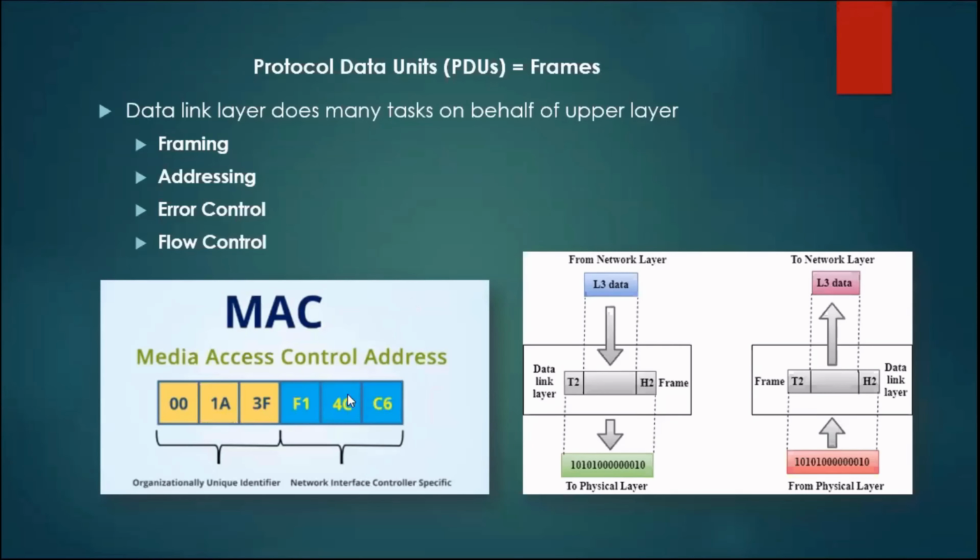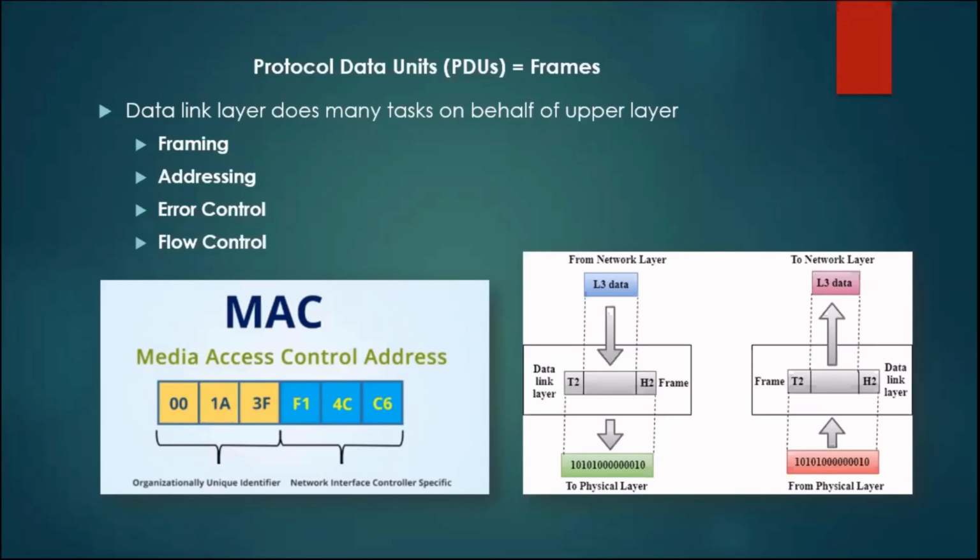As I said, the MAC address has an organizationally unique identifier, which is the company identifier, and the network interface controller part, which is the actual address for the MAC. In the other image I'm pointing to, the information comes from the network layer, and the data link layer adds the headers and the frame information, front and back, with the MAC address, and then sends it out to the physical layer.